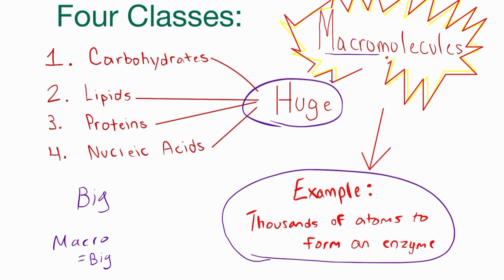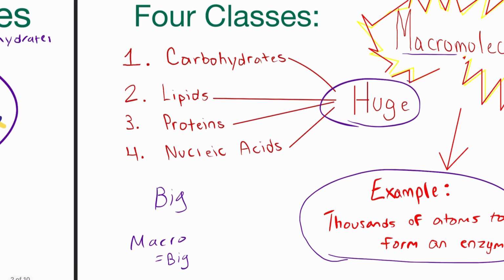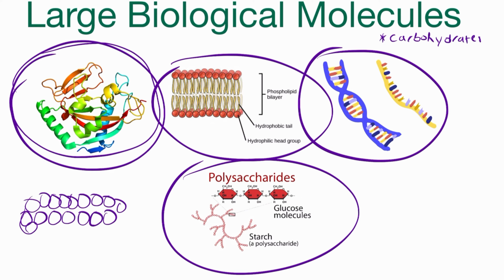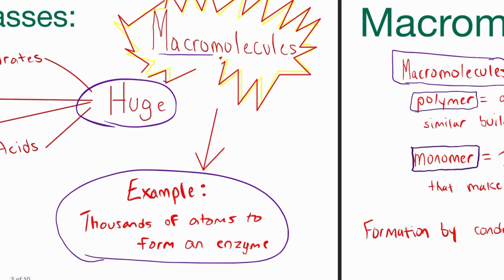To form these enzymes that are used in the body, like this huge one here, we have amino acids that form polypeptide bonds, and then eventually there are so many of these amino acids that it curls up and becomes some 3D structure like that. And that is considered a macromolecule. It's composed of many molecules that help drive function, okay?